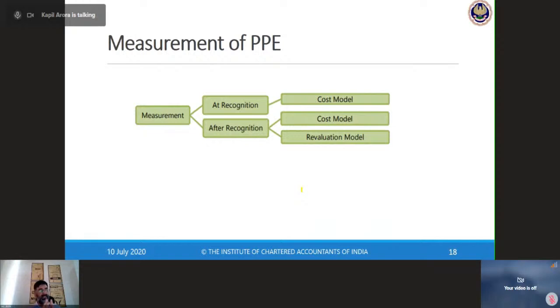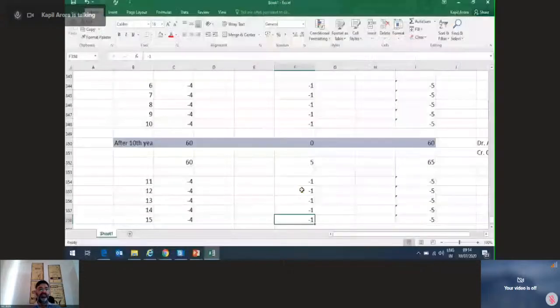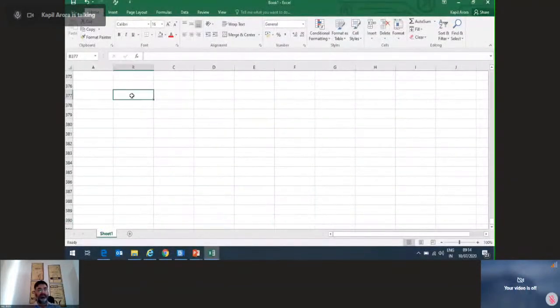So we have seen what to do with the initial recognition, what to do with the subsequent recognition. Now we are talking about the measurement of the property, plant and equipment. At what value do we keep our PPE in the balance sheet?